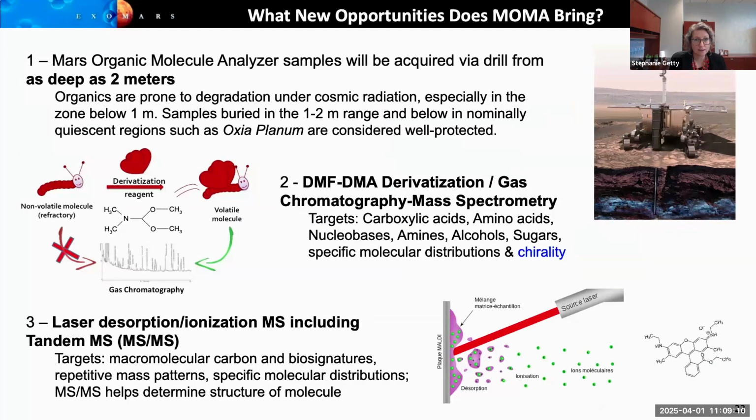I'll just highlight that MoMA builds upon the SAM capability of doing derivatization on Mars surface samples with DMF-DMA, a new derivatization agent for this mission, complementing MTBSTFA exercised on SAM, and not only looking at acquired solid sample that is derivatized and pyrolyzed, but also looking in laser desorption ionization mode to get at the higher molecular weight signatures of preserved complex organic material.